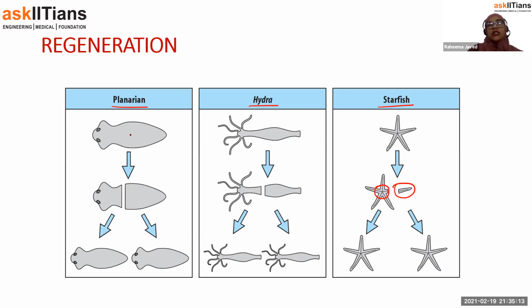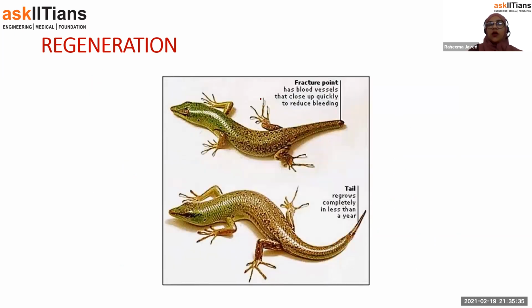Regeneration is more like a process of survival. This is how animals can survive if there is an attack by a predator, or the conditions are harsh, high tide, or storms, or anything like that. Regeneration is also common in lizards. They can regrow their tail, because they have certain cells inside their tail which can regrow and regenerate.